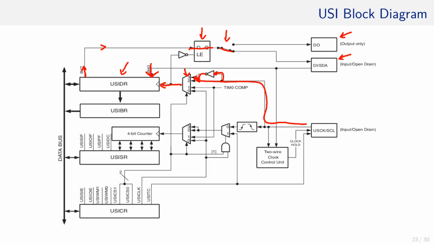But I have more options. I can choose the clock signal to come from the compare unit of timer 0. That means whenever there is a compare match, the data register shifts.